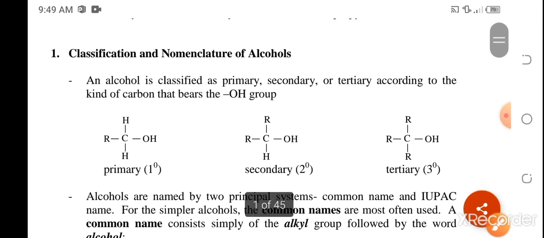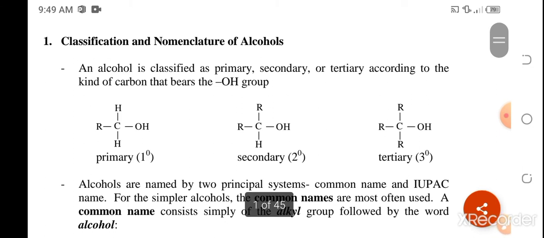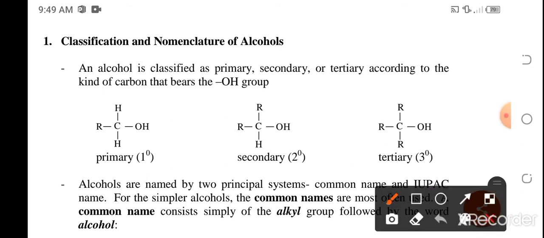We have classifications of alcohol, just like what we did in organic halides. For it to be considered a primary alcohol, our reference would be the carbon atom to which the hydroxyl group is attached. That carbon atom should be a primary carbon atom.